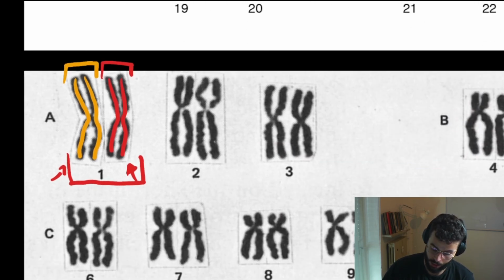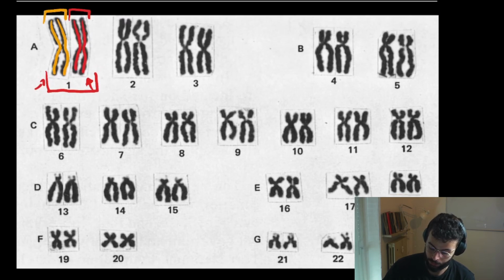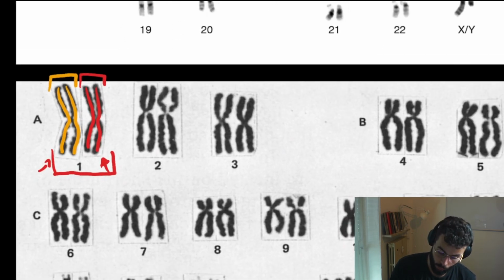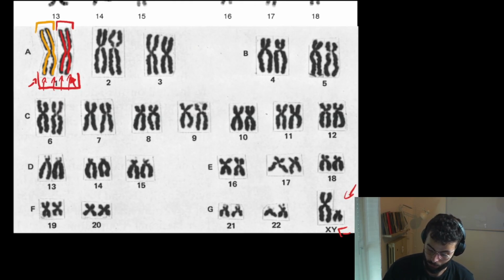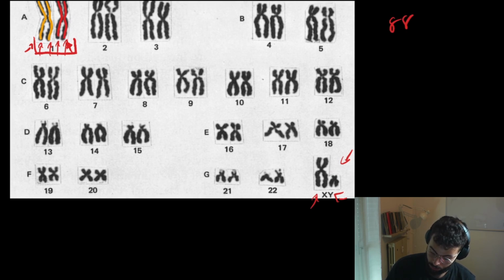So we said we have 23 kinds of chromosomes. In our case we have 24 because we have also the Y. Therefore you're going to have 1, 2, 3, 4 times 22, which is going to give us 88. And 1, 2, 3, 4 plus 4.